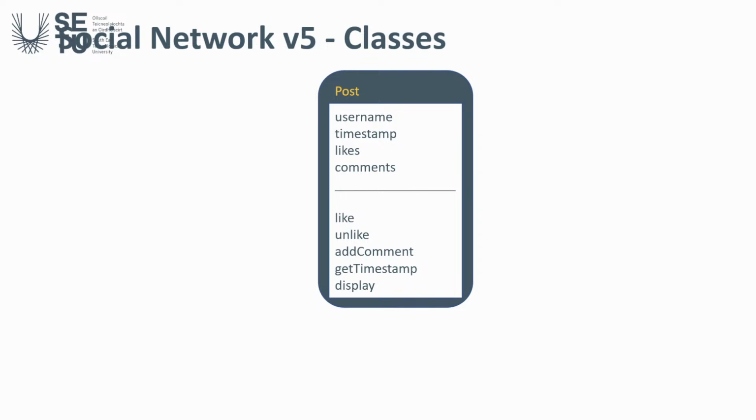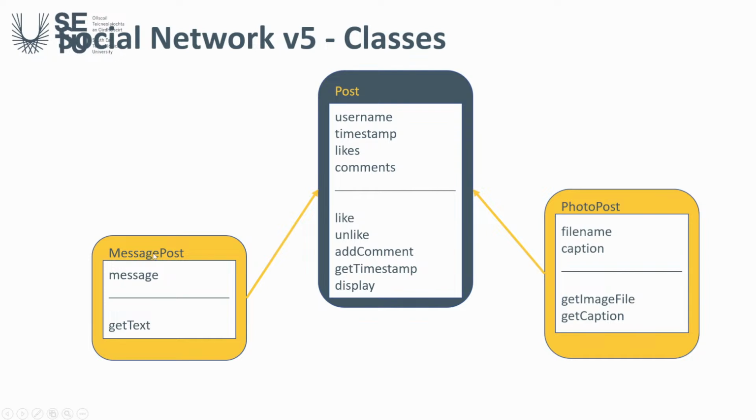All posts are going to have a username, a timestamp, a number of likes, and comments. A message post is going to have a message, and a photo post is going to have the file name and a caption. And then we have the getters and the setters for those.